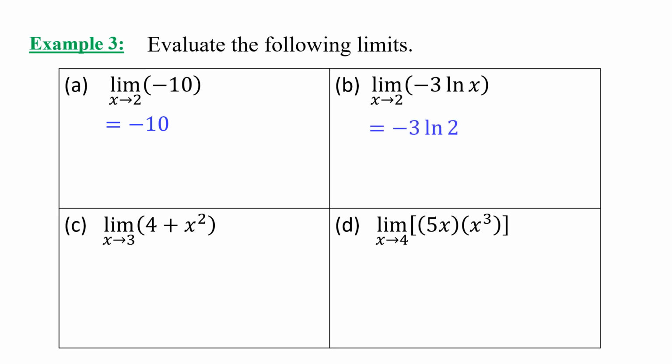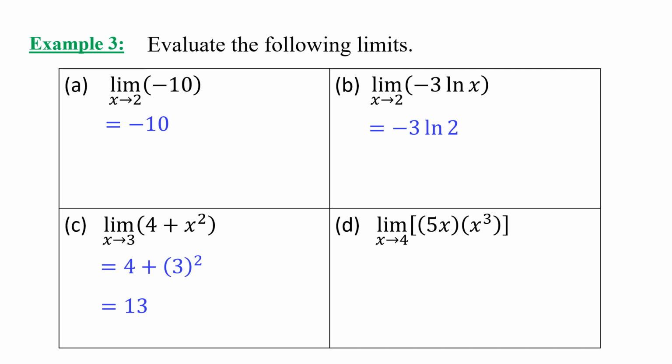So what we can do is just substitute x with 2 and we get negative 3 ln 2. Question C. The limit as x approaches 3 for the function 4 plus x squared. We use the direct substitution method where we just substitute x with 3 and calculate, we get 13.